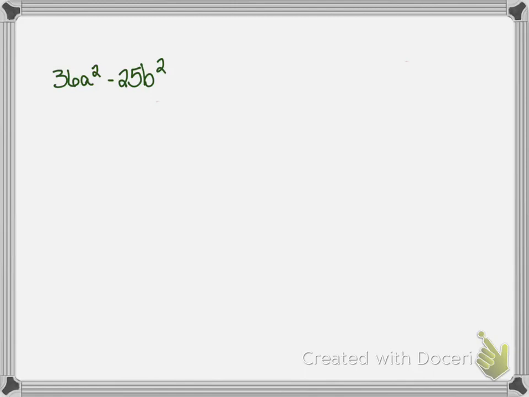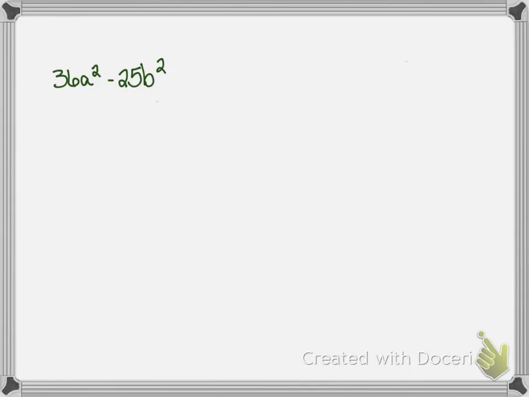36 is a perfect square. What's the square root of 36? 6. A squared is a perfect square. What's the square root of a squared? A. 25 is a perfect square. 5. B squared is perfect. B. Now, all of those things have to be perfect, and you must have a subtraction sign.